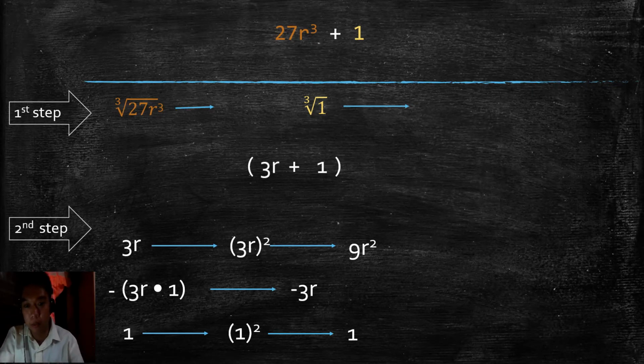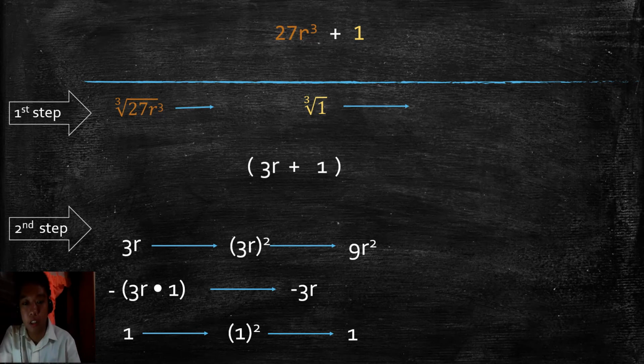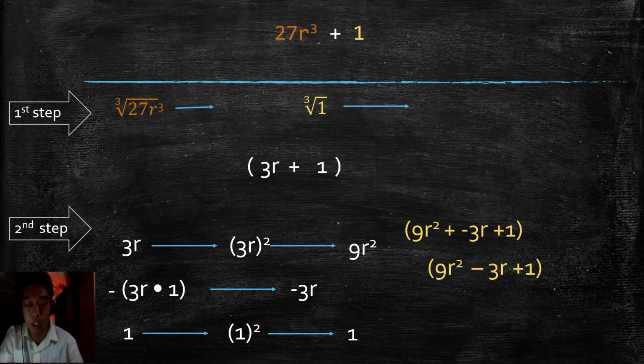So, ang next natin gagawin is, since nakuha na natin yung tatlong steps dyan sa step 2, i-combine lang natin sila through addition. Okay, so we have 9r squared plus negative 3r plus 1, or pwede rin naman natin isulat sa 9r squared minus 3r plus 1. Parehas lang yan.